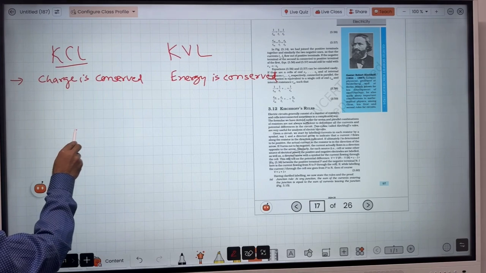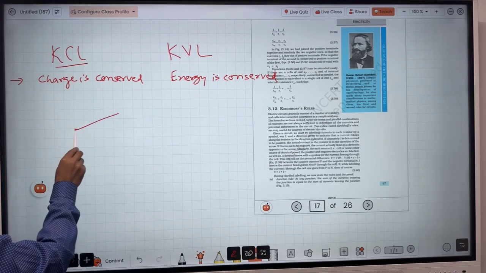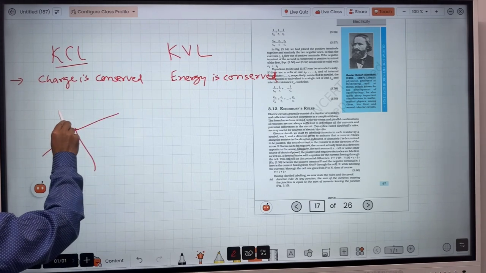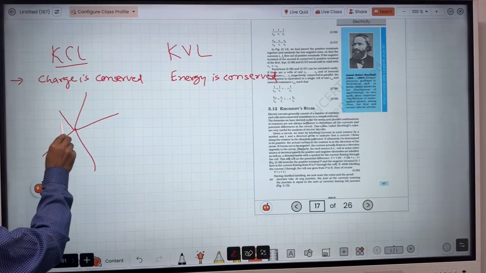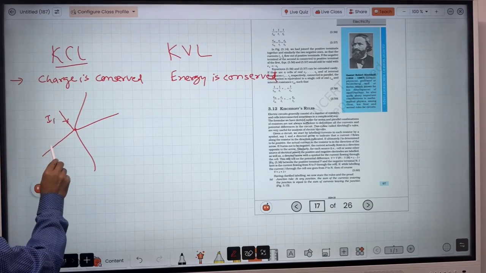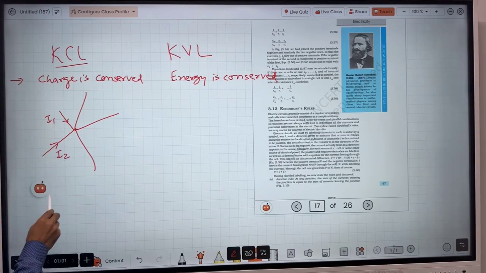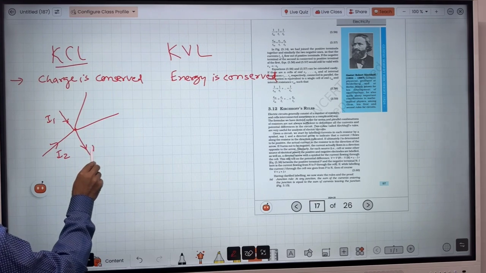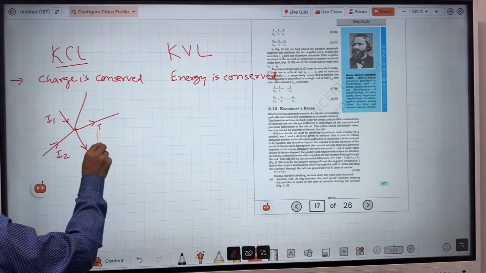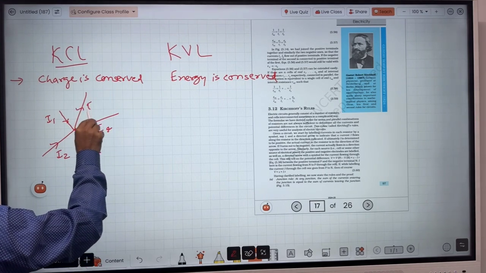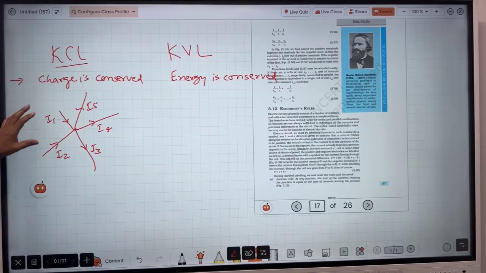Now next point, what is KCL? Means at any junction, suppose this is a junction, here there are many currents, some are incoming, some are outgoing. Suppose we take I1 as incoming, I2 as incoming, and I3 as outgoing, I4 as outgoing, I5 as outgoing. So the algebraic sum of all currents is 0.